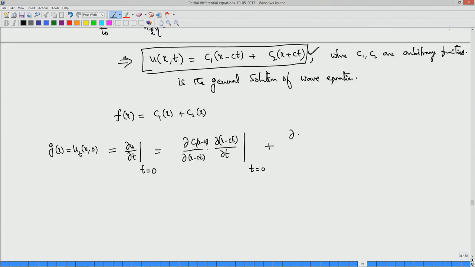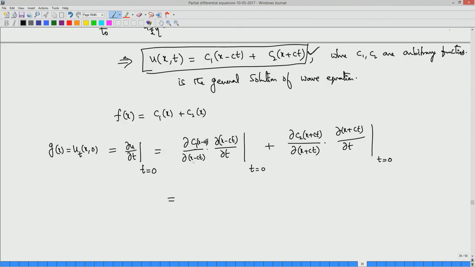And similarly dou C2 of (x plus ct) divided by dou (x plus ct) into dou (x plus ct) divided by dou t, this whole thing put t equal to 0, that is what it is.